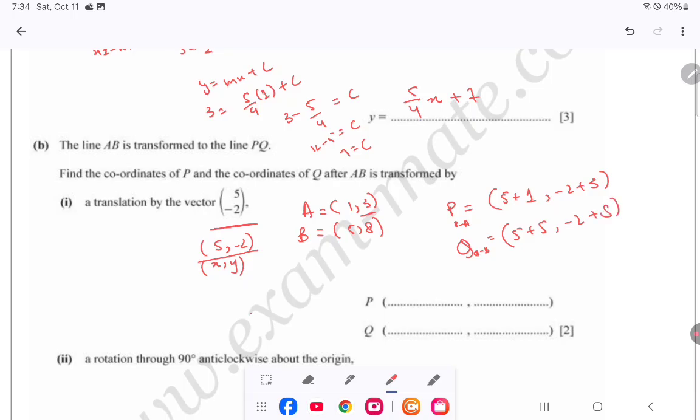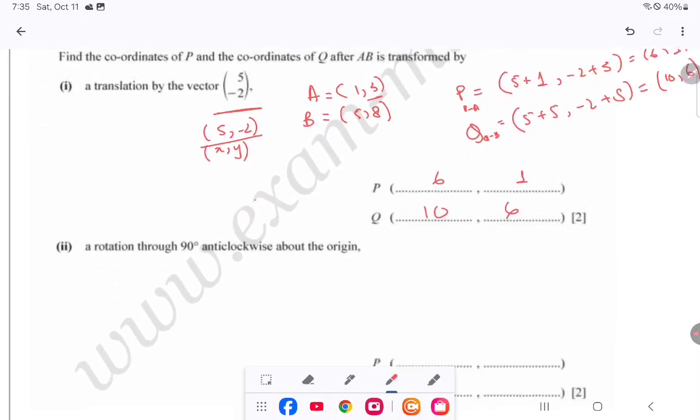The P value will become 6 comma 1, and Q will become 10 comma 6. This is the value of our PQ.